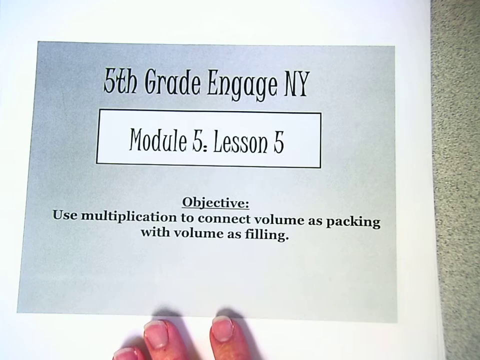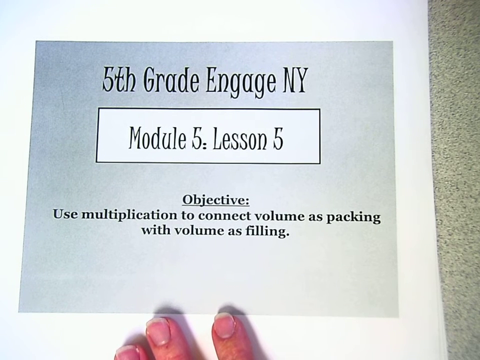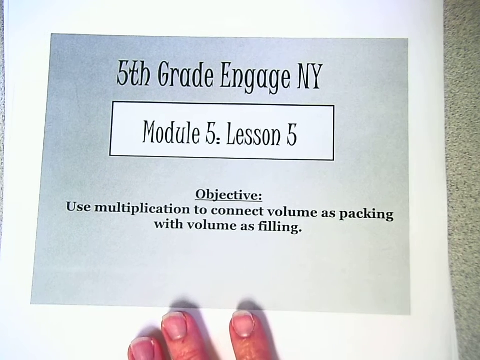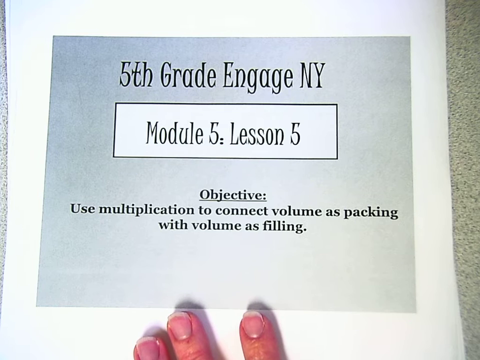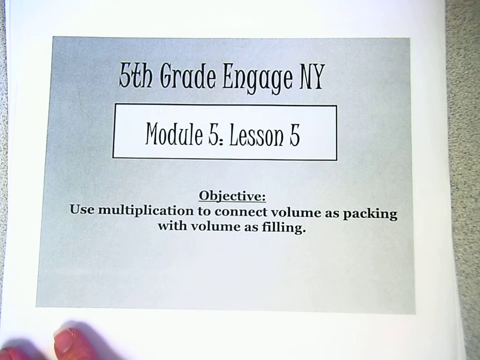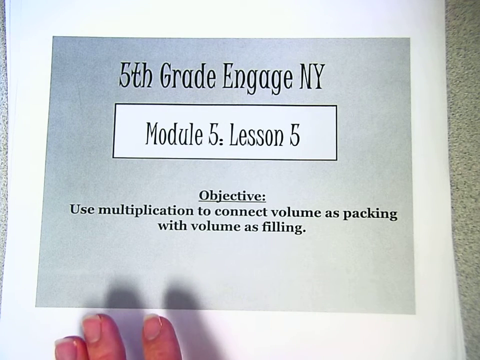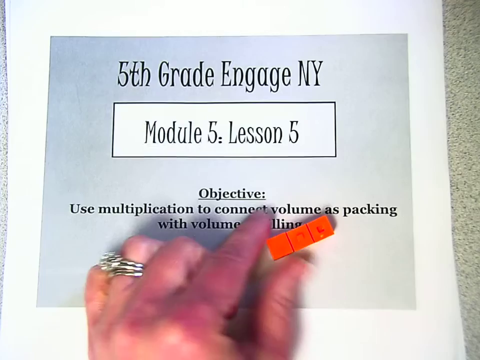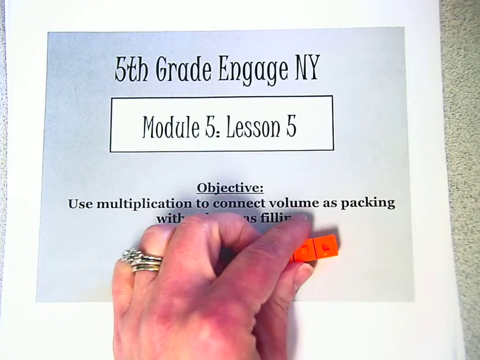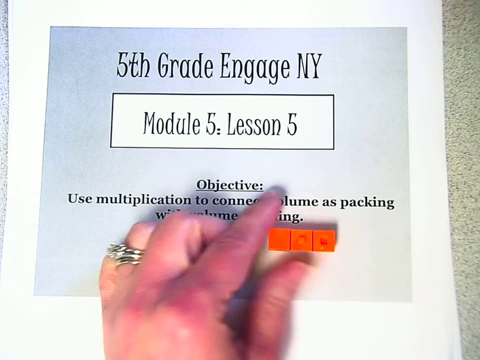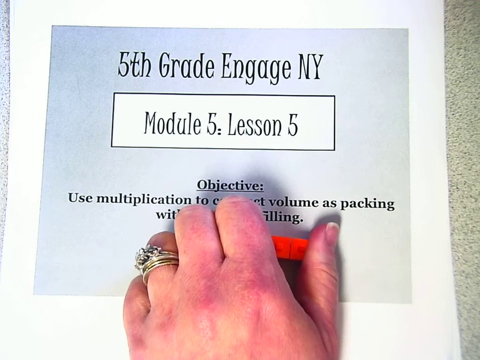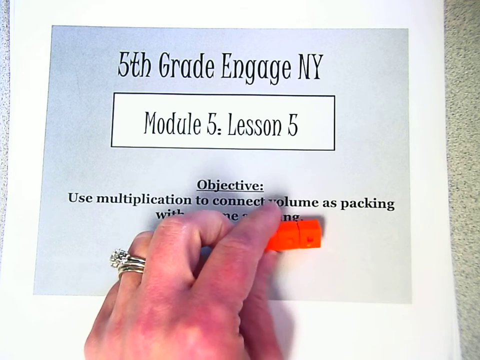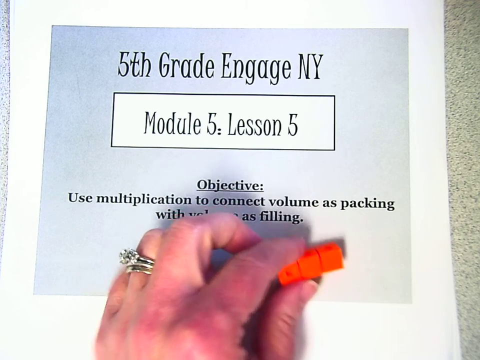So, today we're going to start Module 5, Lesson 5. So far in math, we have been exploring volume. We've been using our cubes to build structures, and our learning has taught us that however many of these cubic centimeter blocks we have, that is what our volume is.